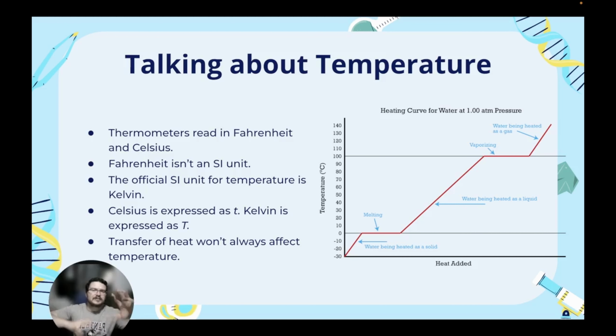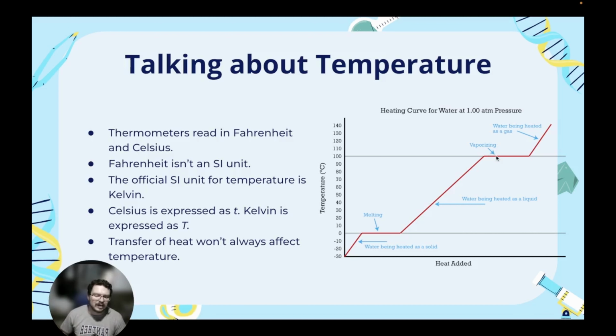Some still have the kinetic energy of a liquid, and some have the kinetic energy of a gas. So we need to add more heat to move the entire average kinetic energy of the compound past the temperature of vaporization.